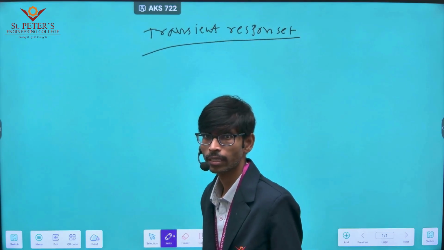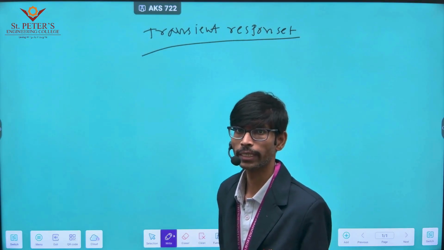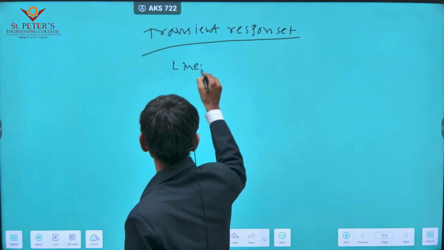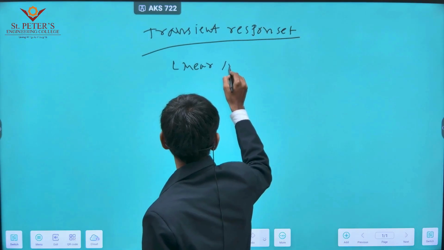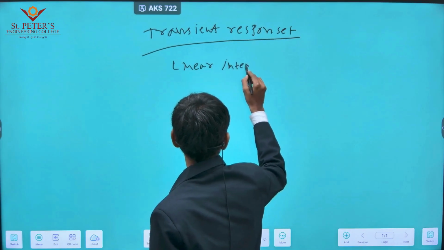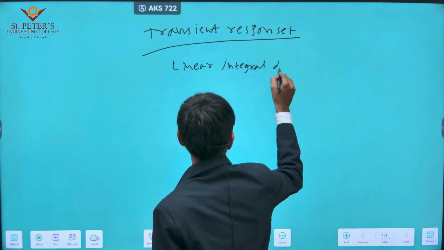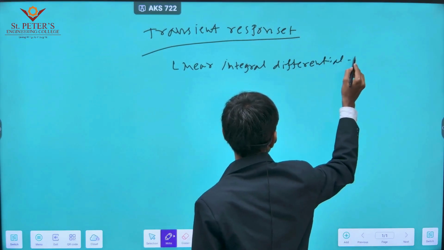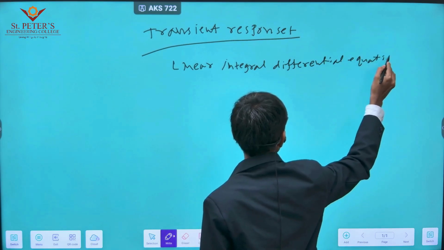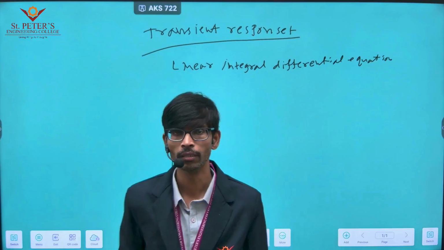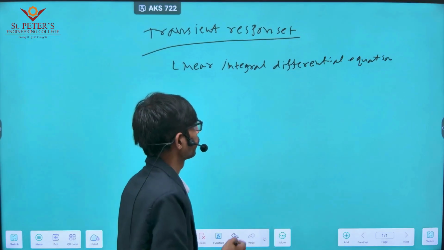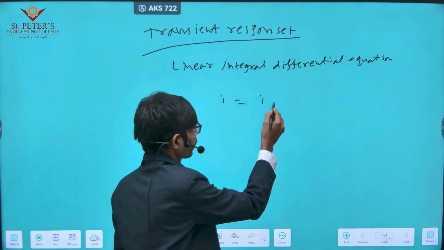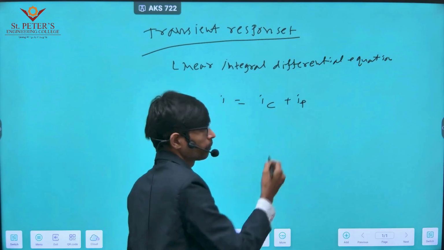To analyze the transient response of a circuit, we have to write an equation. That equation will be a linear differential equation. This equation consists of two parts: one is IC and one is IP.